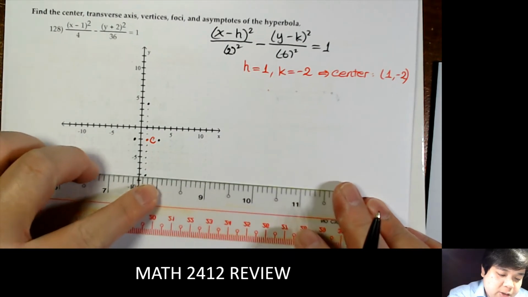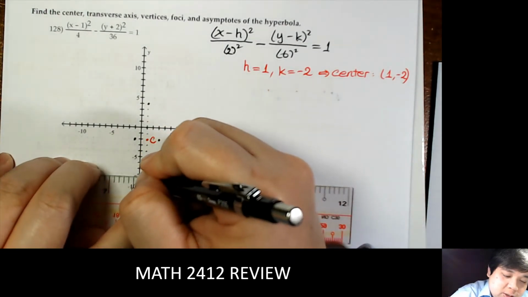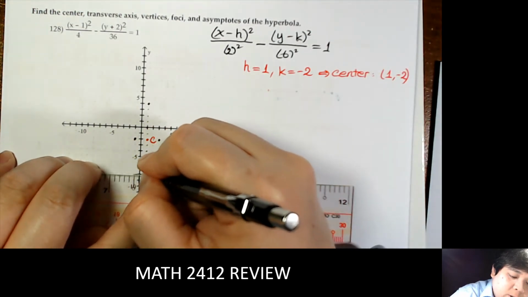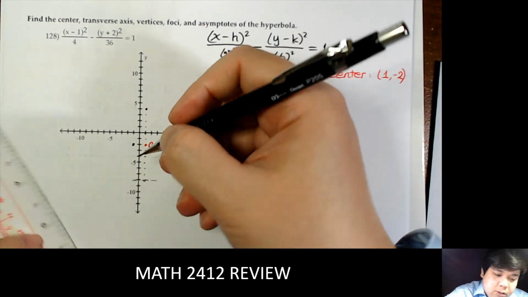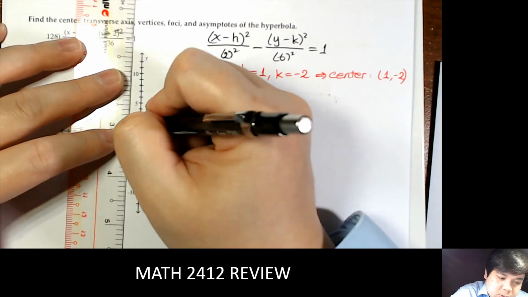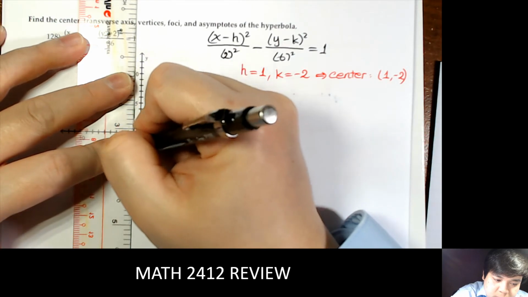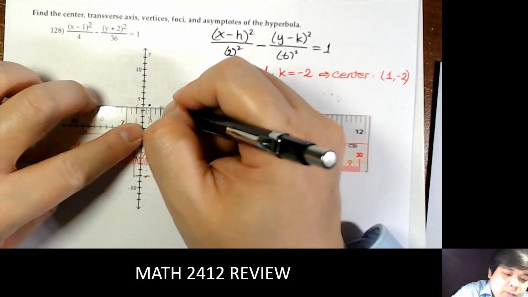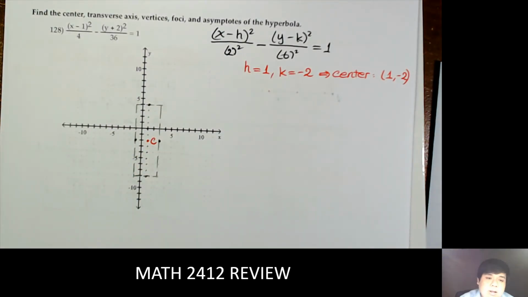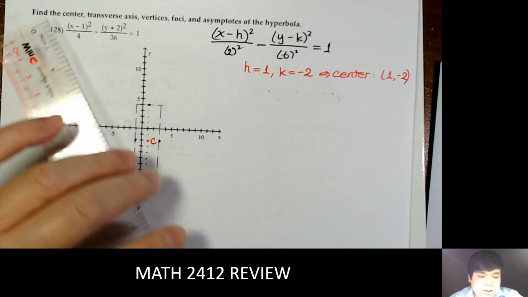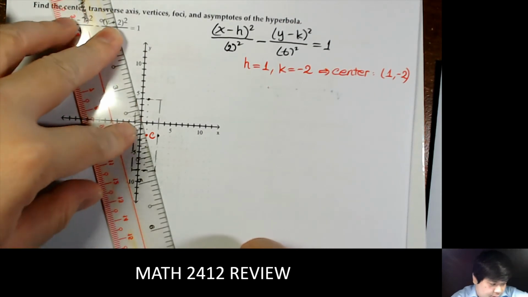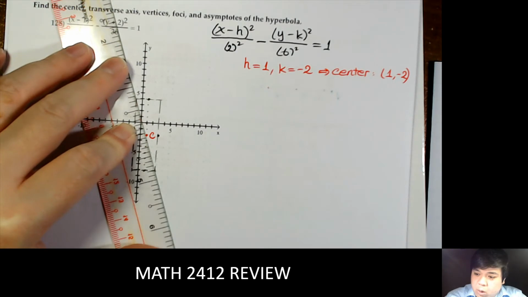And then I will draw the box from that. And then we can draw the diagonal, which is the asymptotes, by the way.